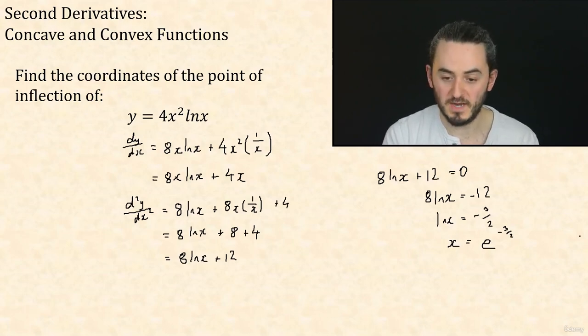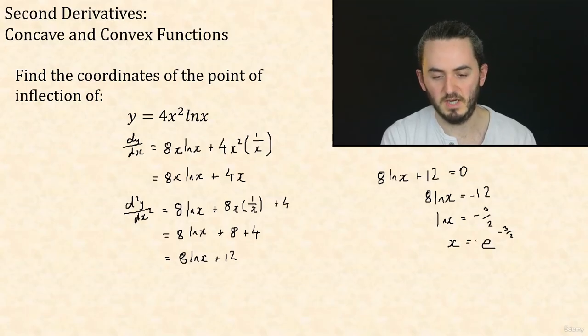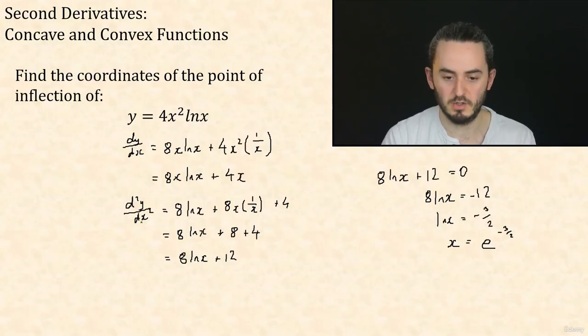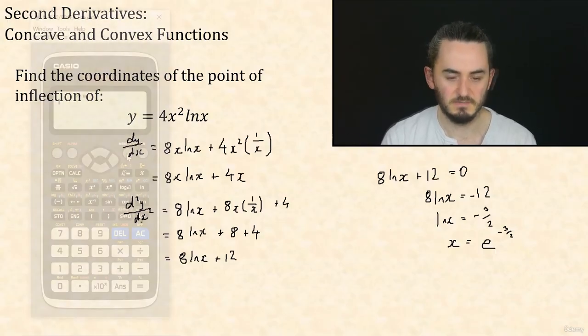Okay, so to check that that really is the x-coordinate of my point of inflection, I just need to check that the second derivative changes from positive to negative or negative to positive on either side, just to check that it really was changing from concave to convex or convex to concave. Here's how I like to do it.